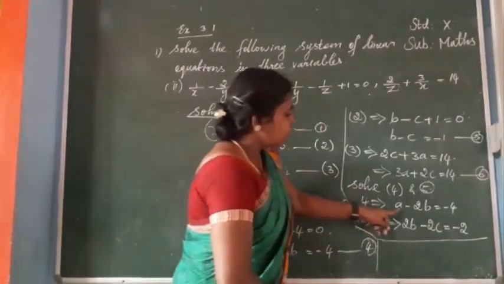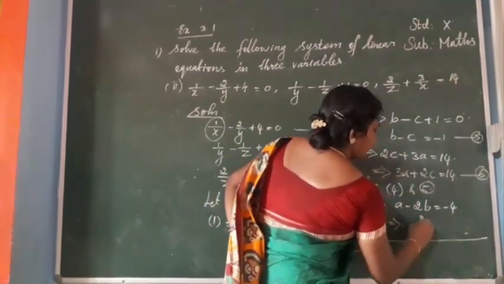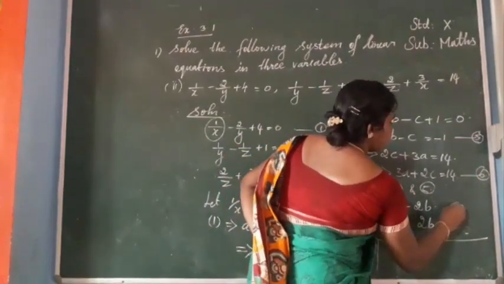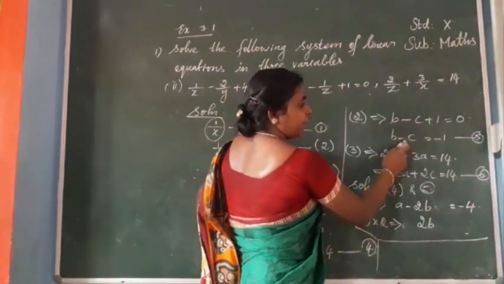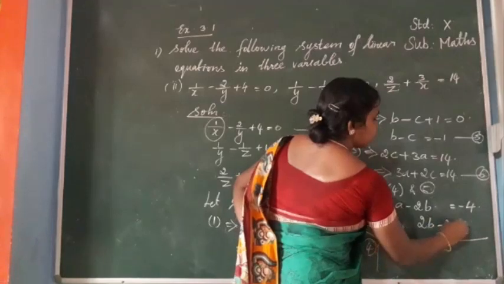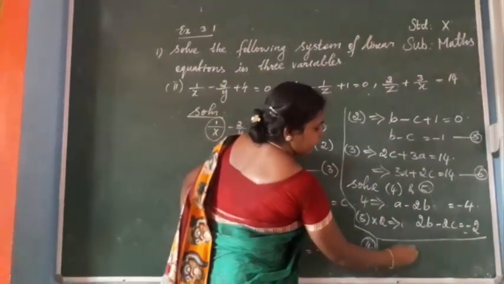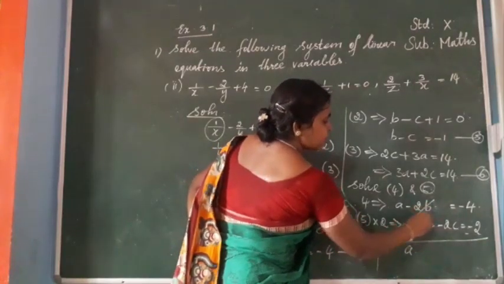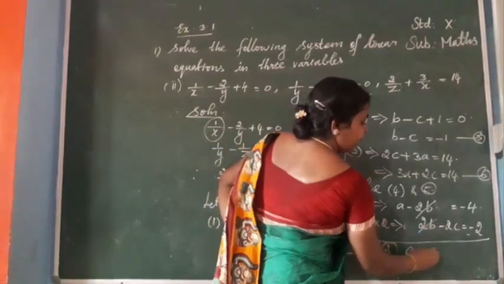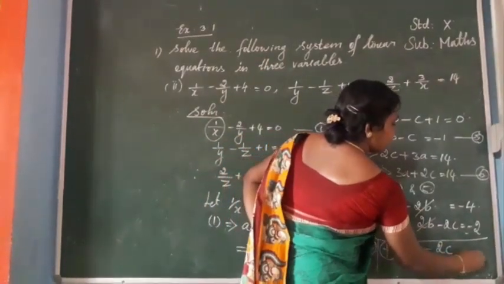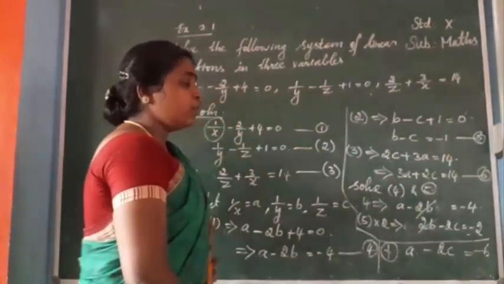You write in order, otherwise you will be confused. a − 2b plus 2b cancel. We are adding. Remaining, −2c = −4 − 2 = −6.